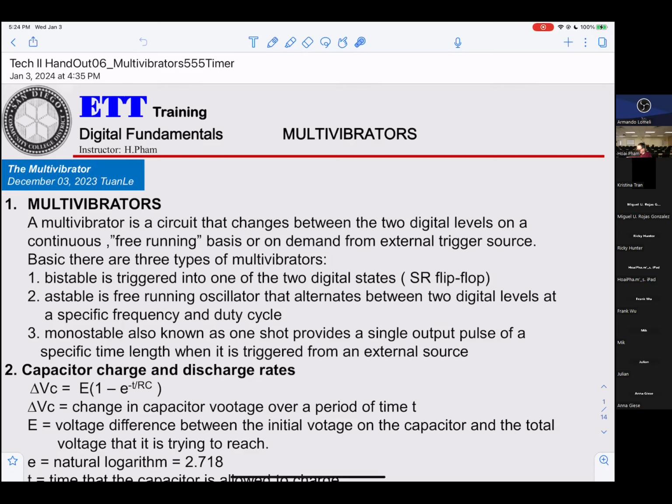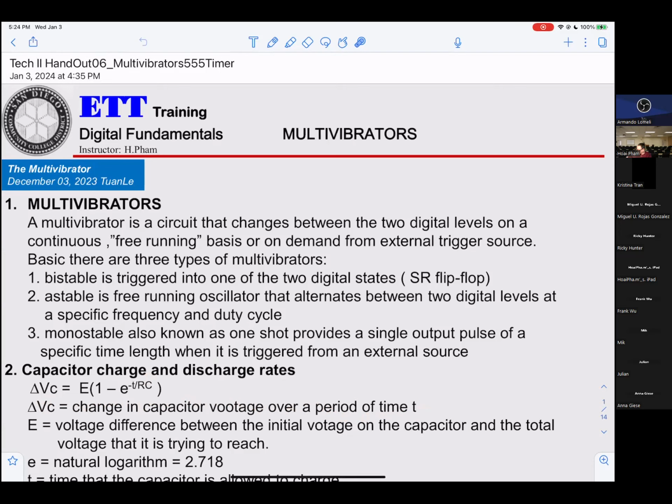Now we're talking about the capacitor charging and discharging rate. Delta VC, the voltage charging on the capacitor, equals E times (1 minus e to the power of minus t over RC). Delta VC is the change in capacitor voltage over a period of time t.